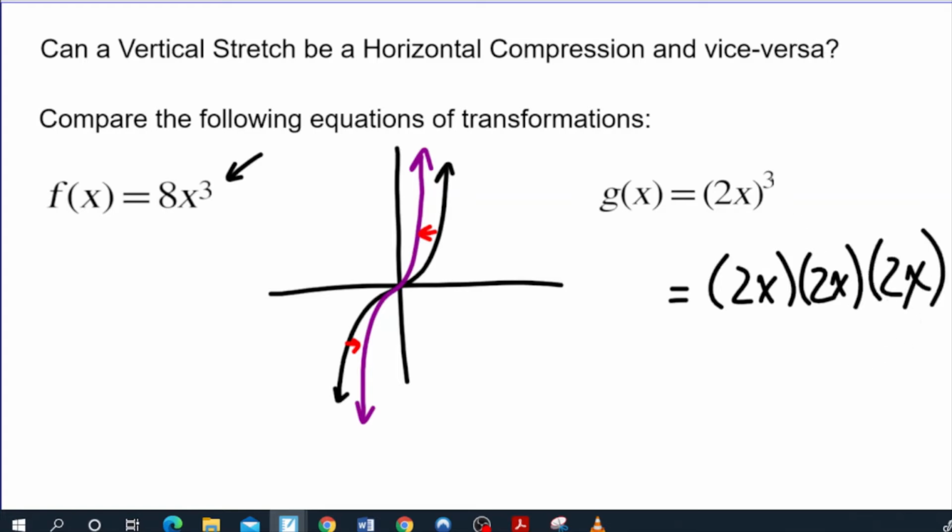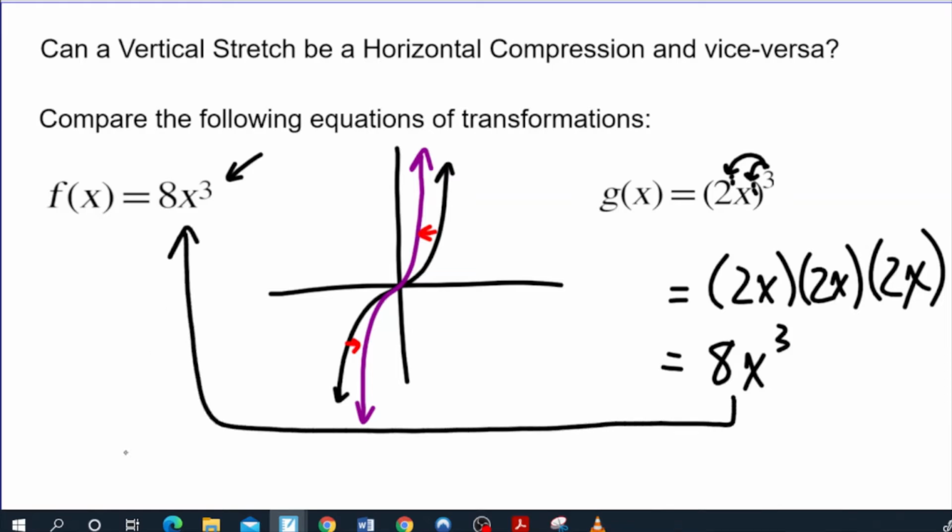In other words, the outer power is going to affect the inner powers of 1 next to the 2 and the x here, and give us 2 times 2 times 2, which is 8x to the 3. Well, that is the exact same equation as this one here. So it is possible that a vertical stretch can give you the exact same output as a horizontal compression for the same graph because of that.